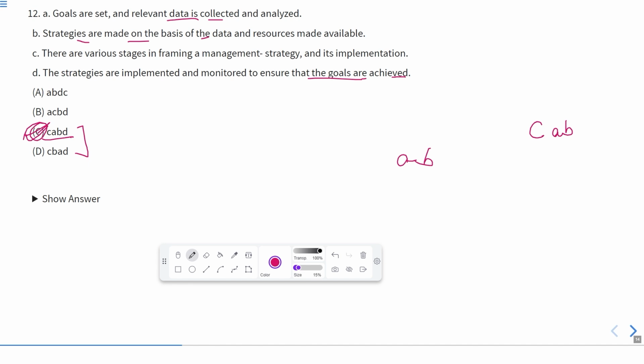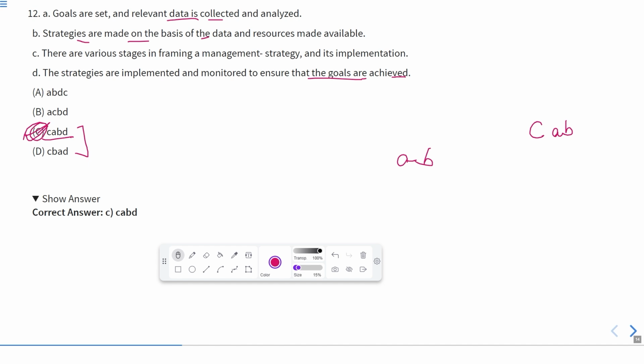The strategies are implemented. Now, what happens after these strategies are made? They are implemented, okay, and monitored to ensure the goals are achieved. So, this will be the correct and absolutely correct sequence, okay. So, according to this, C is the correct answer. That is, CABD is the correct sequence of this situation.